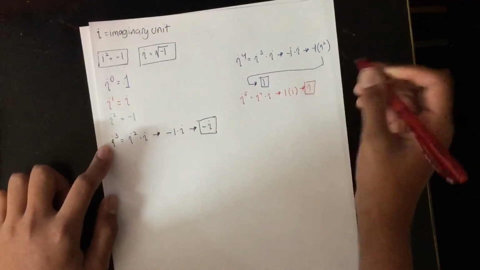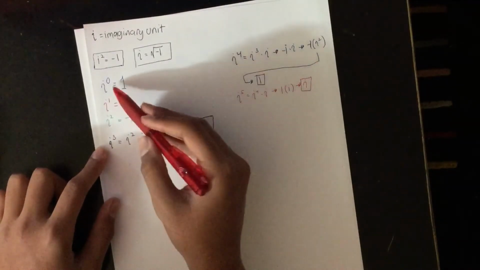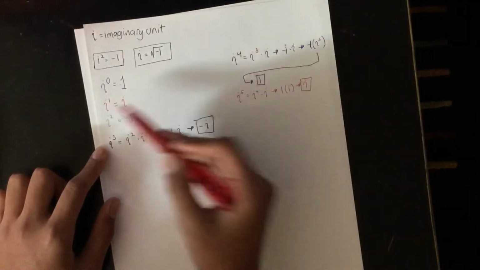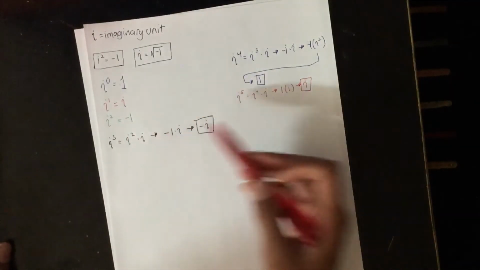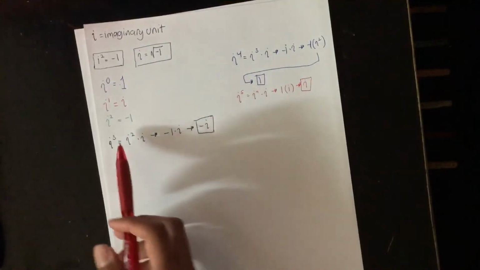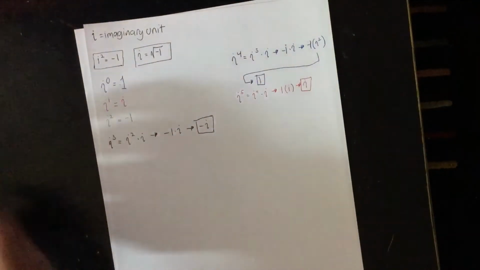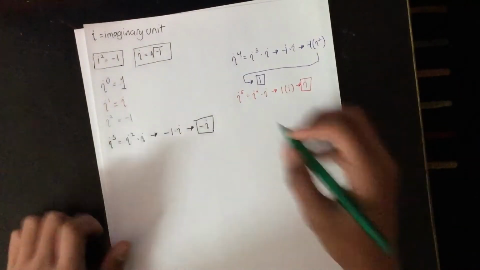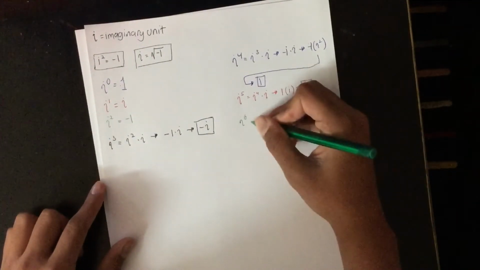As I told you, this pattern is going to continue: so far the powers 0 and 4 are equal, 1 and 5 are equal, 2 and 6 are going to be equal, and 3 and 7 are going to be equal. But let's continue so you can get a full visual on how this works. Next is i to the power of 6.